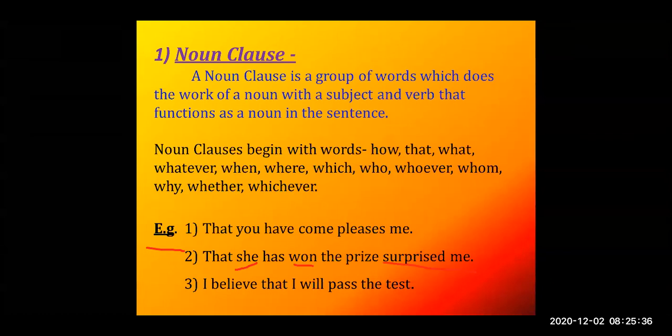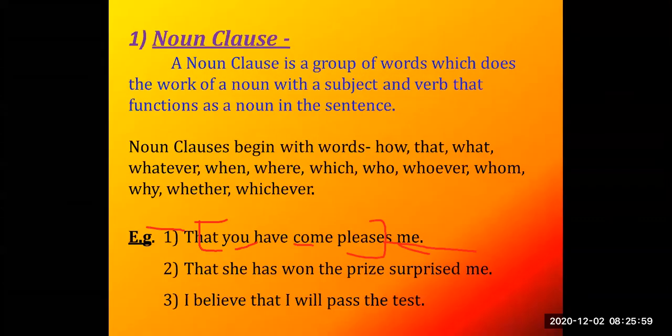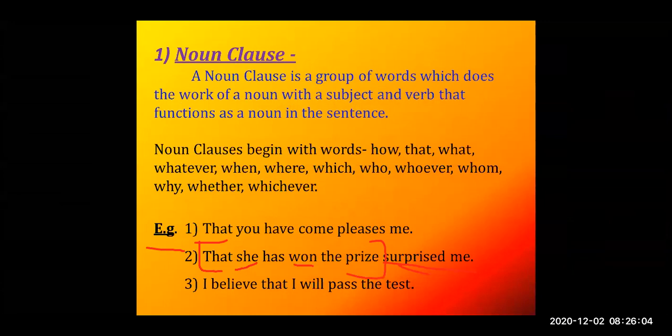See again: "That she has won the prize surprised me." She is the subject, won is the verb, and "surprised me" acts as the subject of the verb "surprise", and "that she has won the prize" is your noun clause.